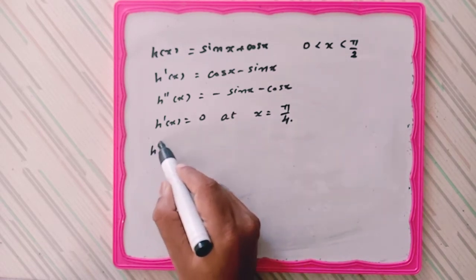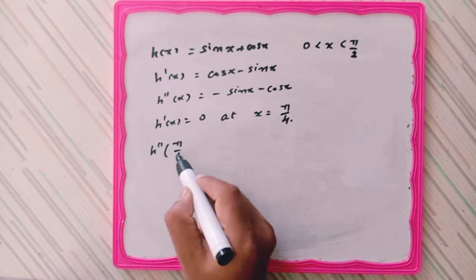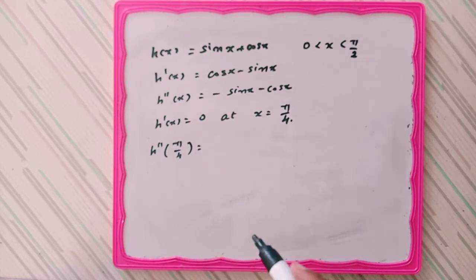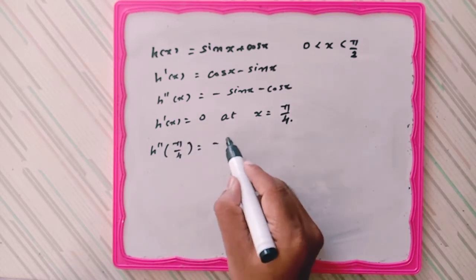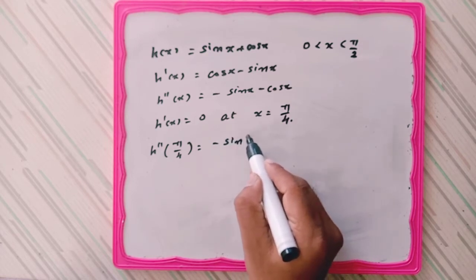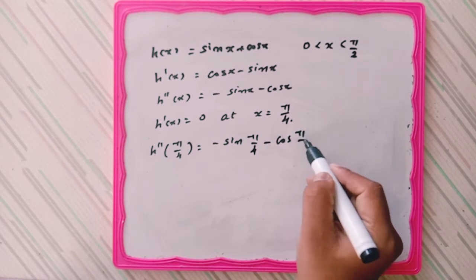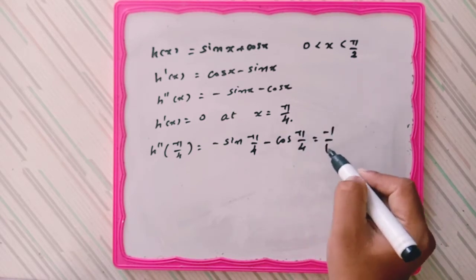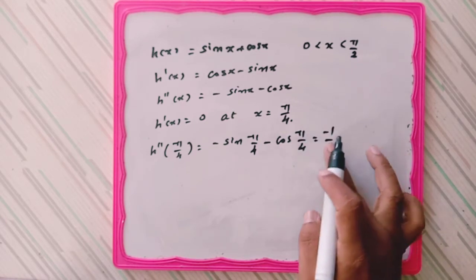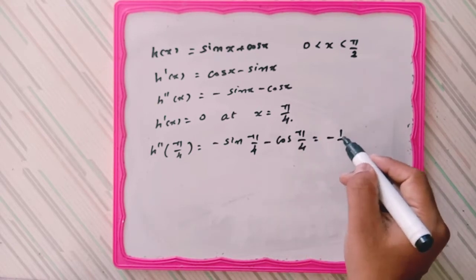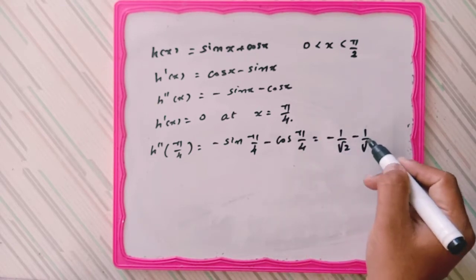And so h double dash pi by 4 we take, then minus sin pi by 4 minus cos pi by 4, which is minus 1 by root 2 minus 1 by root 2.